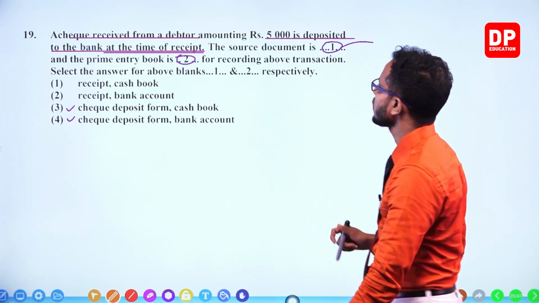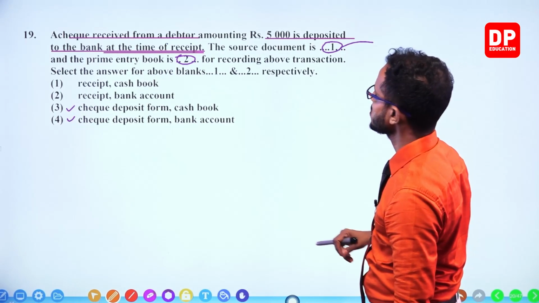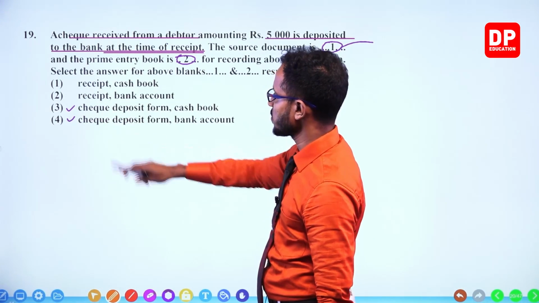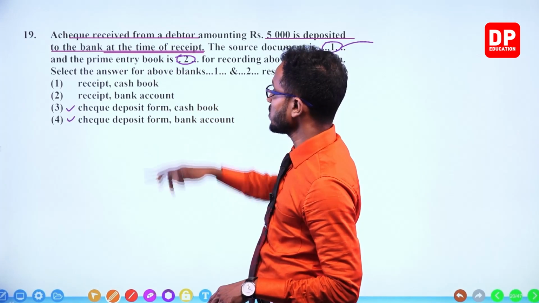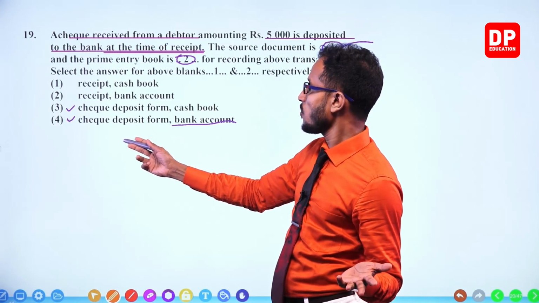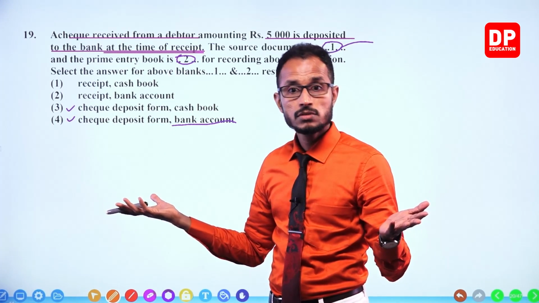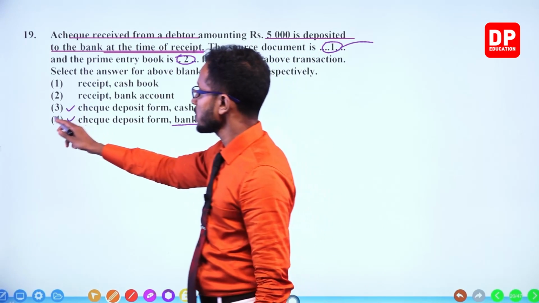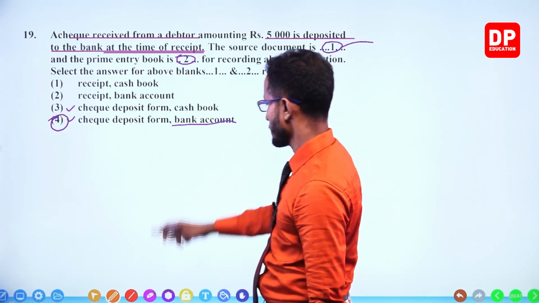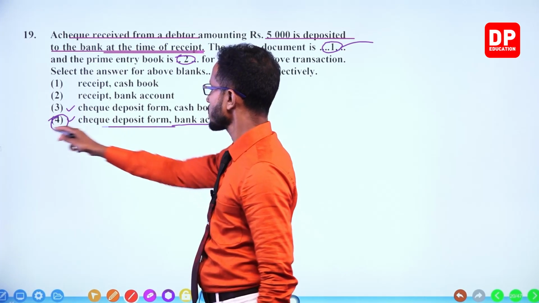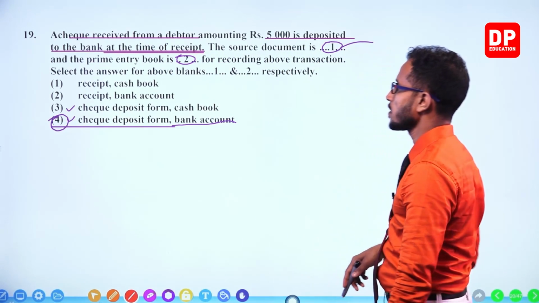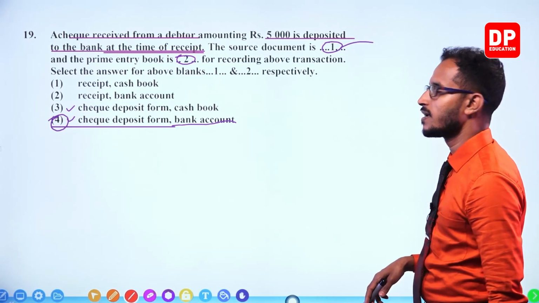That is the source document. So we have the check deposit slip in two answers. Then the prime entry book is the bank account. See why? Bank money is increasing. Fourth is the answer. Got it? Yes.